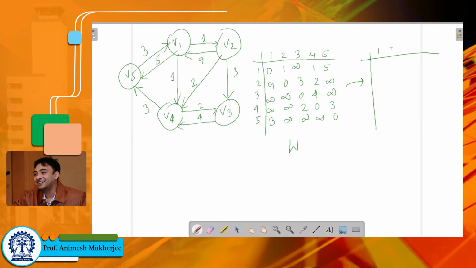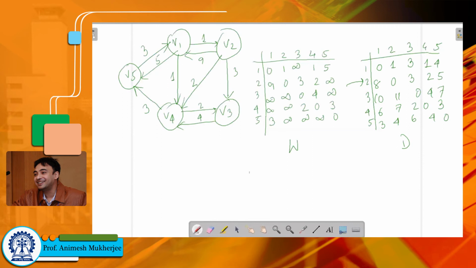As you will see, for this small graph you can very easily hand calculate and fill in the matrix. Okay. However, the challenge is to obtain such a matrix for a large graph using some algorithmic technique. So let's call this matrix, the shortest distance matrix, D.